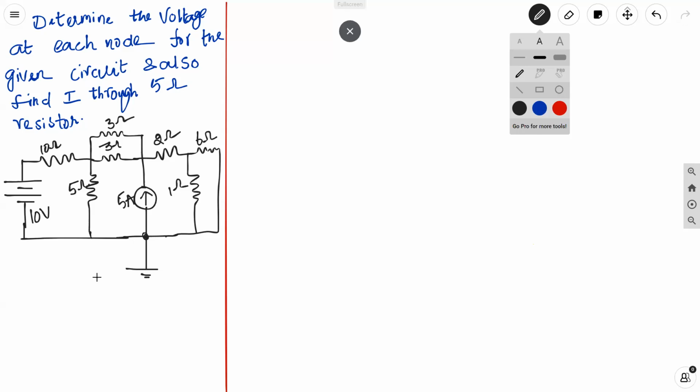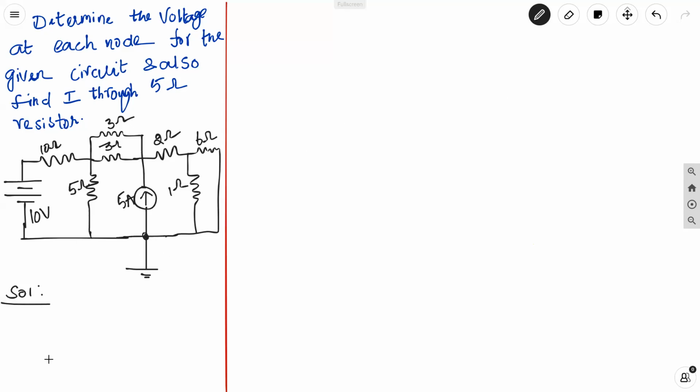Right. First, you need to identify the number of nodes, right? Tell me here how many nodes are there for which the voltage to be defined. How many nodes?